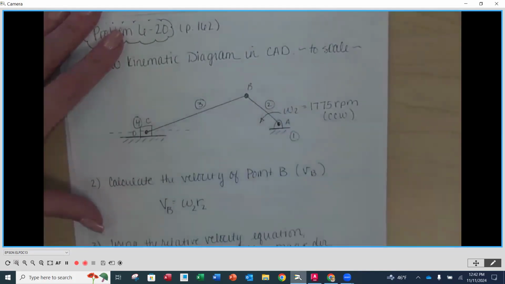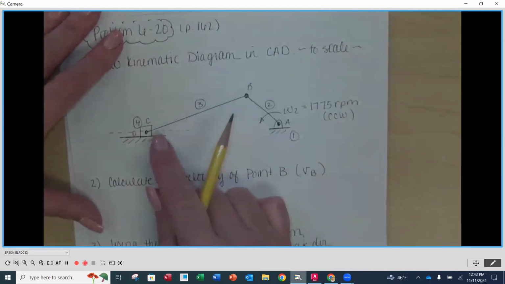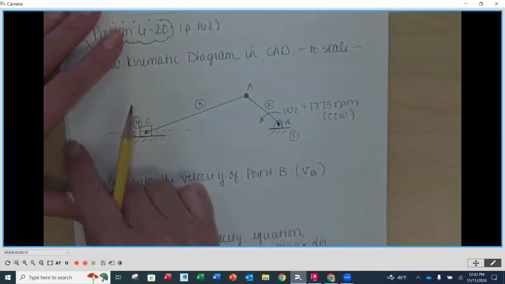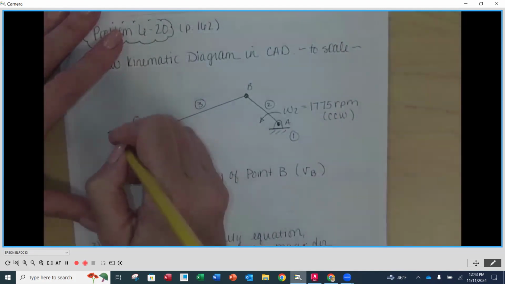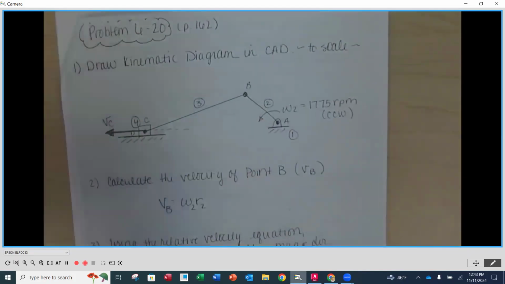Now, looking at the rotation of link number 2, if this is rotating this way, do you see how this is pushing then this over to the left? Do you see that? So our velocity of C, we know, is going to be on a horizontal going to the left, okay? But we don't know its magnitude.